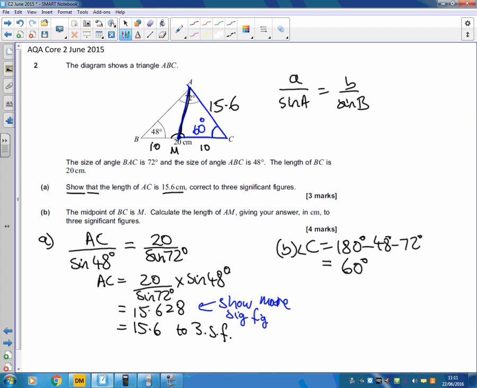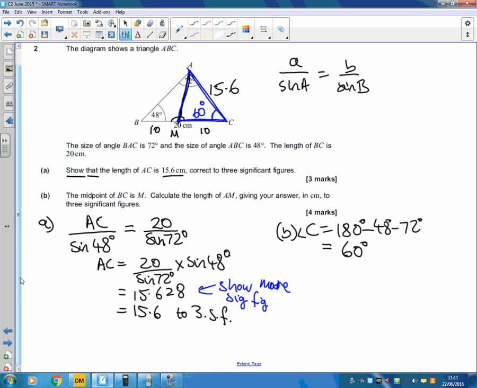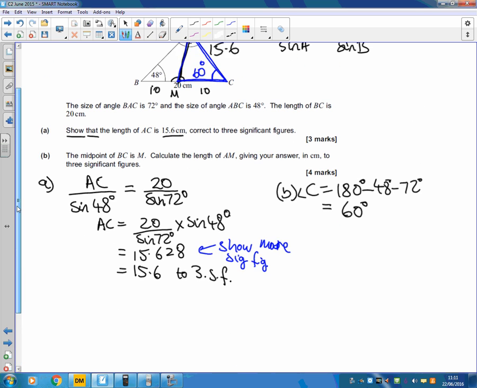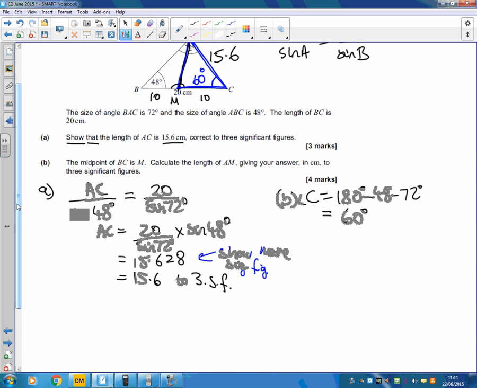Now we've got that, we've got 2 sides and the angle in between them. So this is the cosine rule. Think of that C-type shape. So we can use the cosine rule on this. Part B, we've worked out the angle C is 60 degrees.